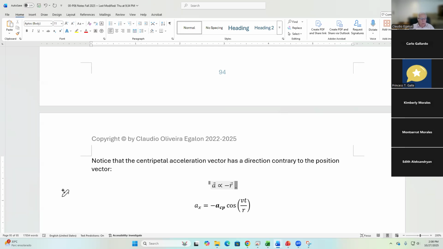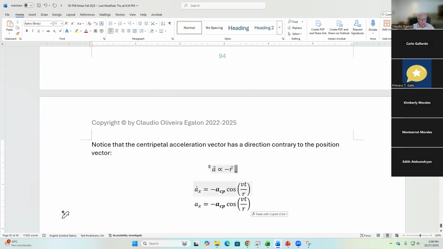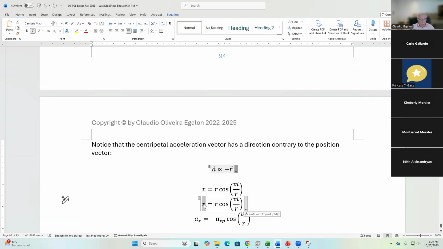So consequently, since the position vector, right? The x component of the position vector is r, lowercase r, cosine of vt over r. And the y component of the position vector is r sine vt over r. Right?